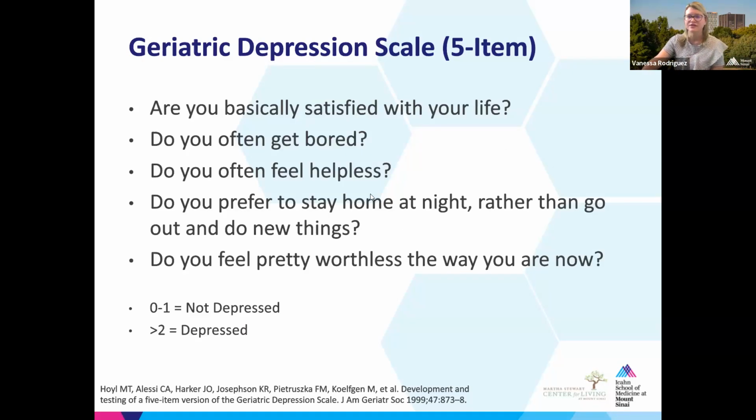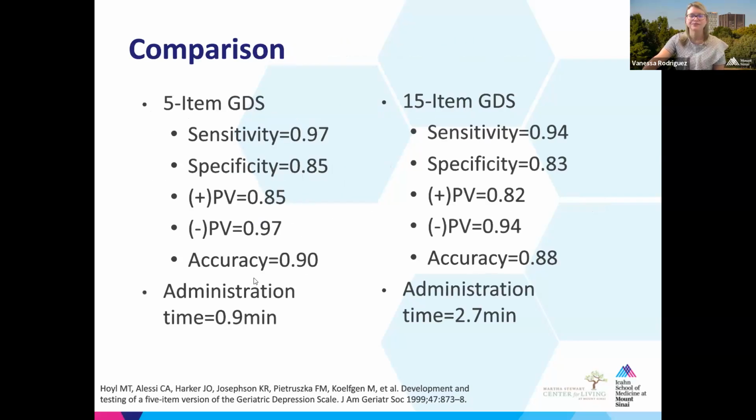This is the 5-item one, which basically takes some of those questions that were tested in studies to see if they were on themselves really valid to use as one sole tool. And it has performed really well. If you score 0 or 1 points, you're less likely to be depressed or not considered depressed. But if you score more than 2 points, then the person is considered to have depression.